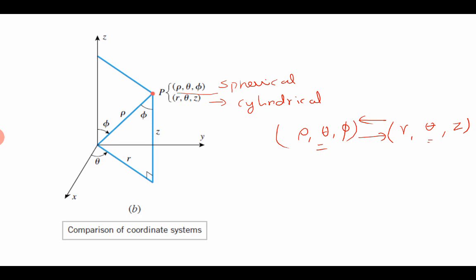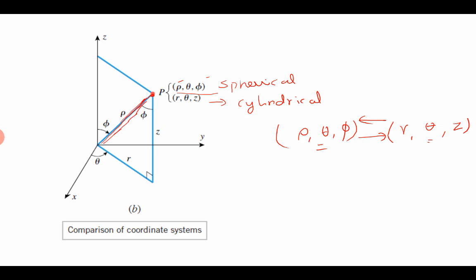From the figure given here, you notice that a point P in the spherical coordinate system will be represented by three parameters: rho, theta, and phi. What is rho? Rho is the radius of the sphere here. This is the rho, isn't it?